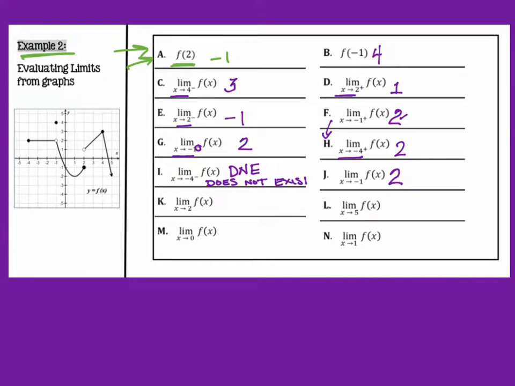K says, let's look at the limit as x approaches 2 just in general. If I approach it from the left, I get -1. If I approach it from the right, I get 1. Those are not the same. So it doesn't exist.